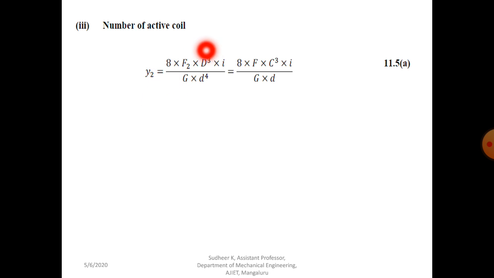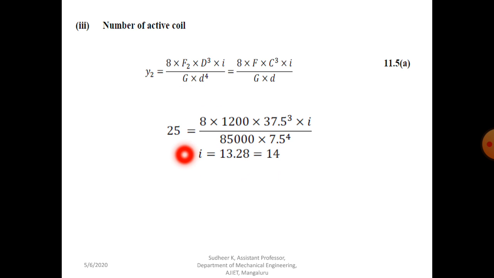In this expression, one parameter, that is I, is the number of active coils in the spring. So easily you can calculate it. Maximum deflection is given, that is 25 millimeter. F2 is the maximum load, 1200 Newton.